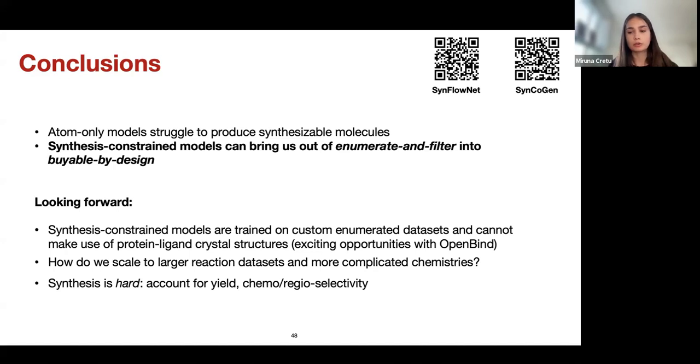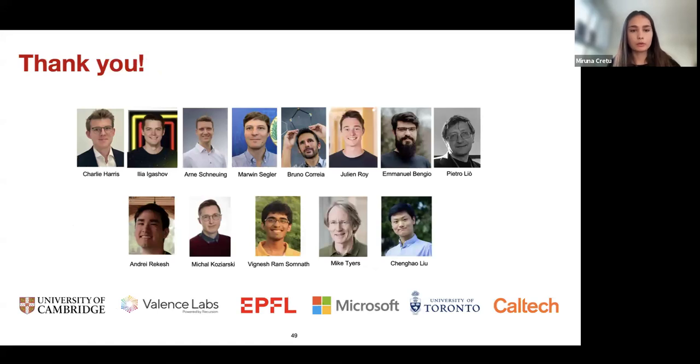There are exciting opportunities with people constructing such data sets. And there's always the question of how to scale to even larger reaction data sets and more complicated chemistries, and also the caveat that synthesis is hard. We also need to account for things like yield or regioselectivity and chemoselectivity in reactions, which we don't currently do. But with that, thank you, and very happy to take questions.